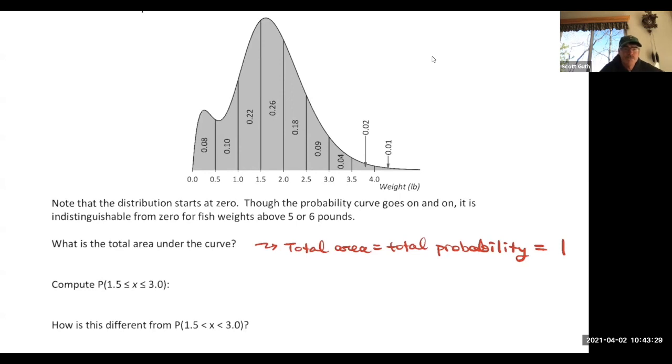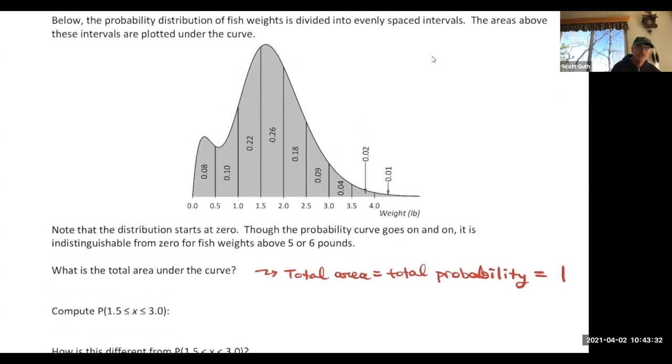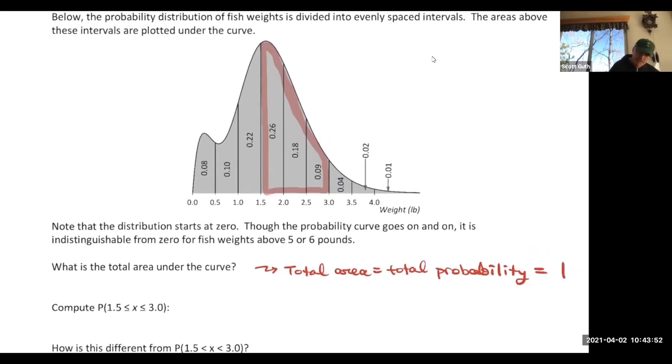This one, I've just given it to you, with a picture. So here they're asking for the probability of getting from 1.5 to 3 for the fish weight. So 1.5 starts here, and then it goes up to 3 there, and then you're just trying to find the area of that pink region that I colored. So you just add those up.